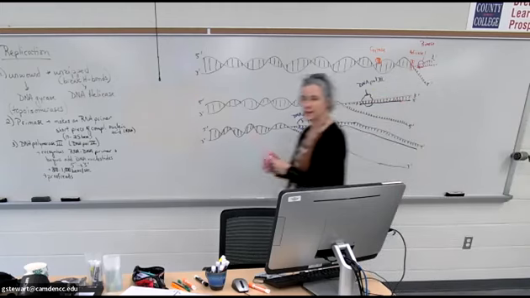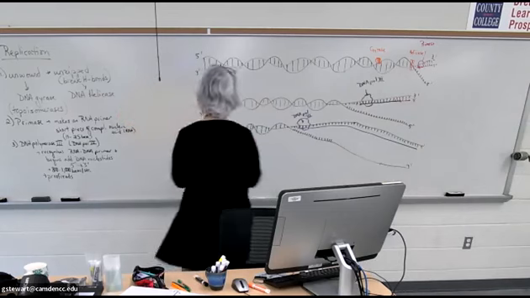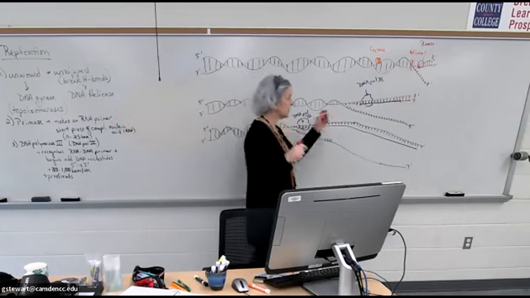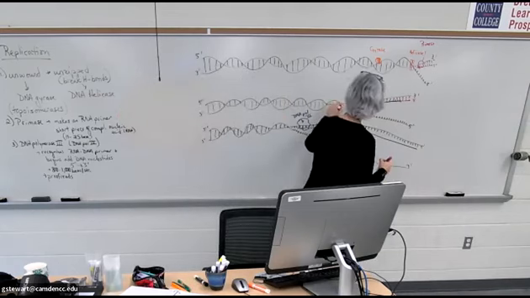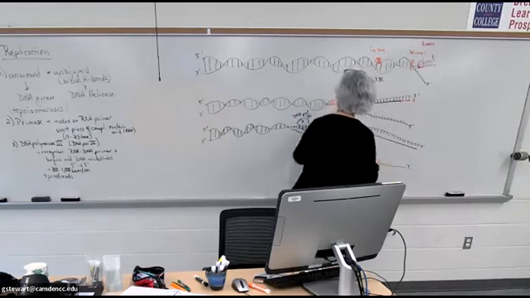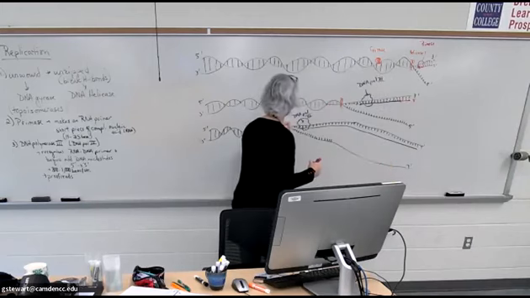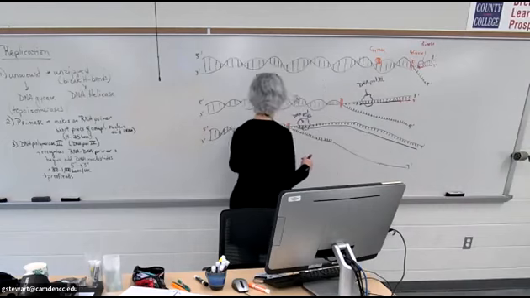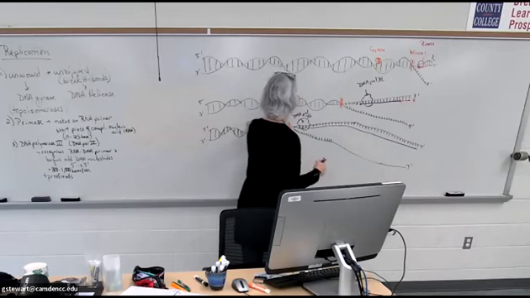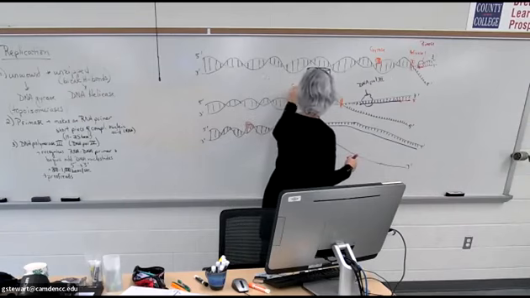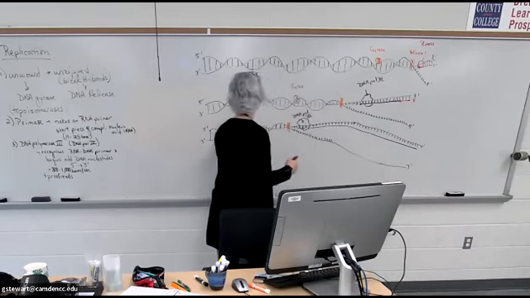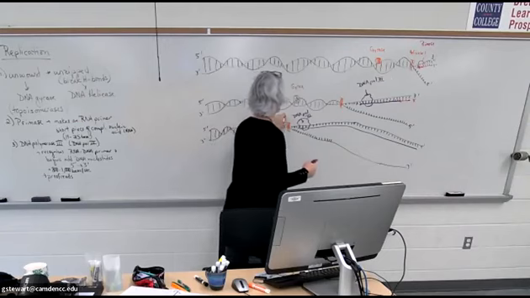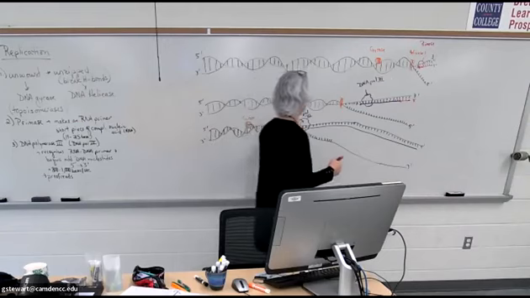Helicase and gyrase are also sliding along. Actually, helicase kind of looks like a donut. I shouldn't have drawn it a rectangle, right? It's always kind of just here at the replication fork. And gyrase is always somewhere upstream of that, relieving supercoiling. So I'm just going to label those again. Gyrase, gyrase, helicase, helicase.